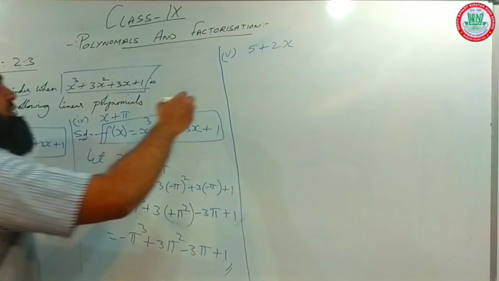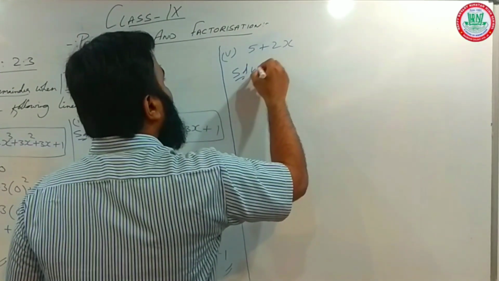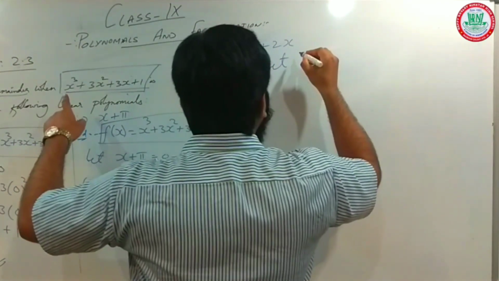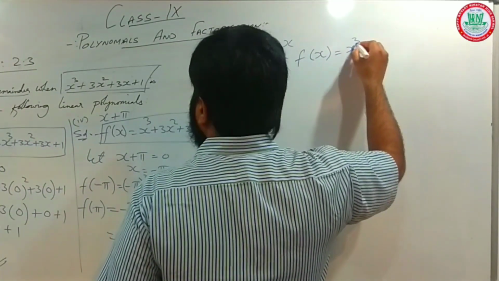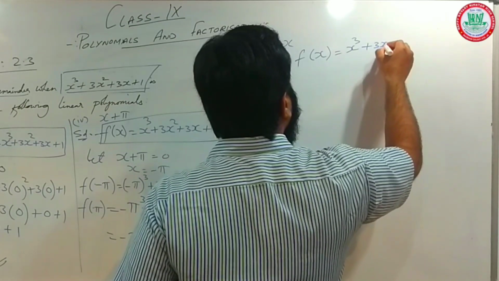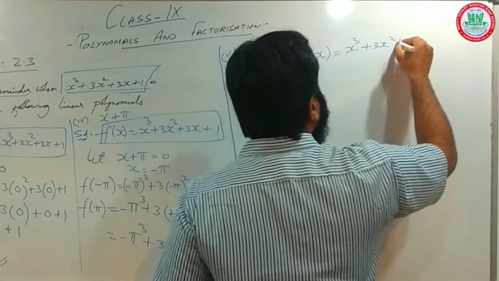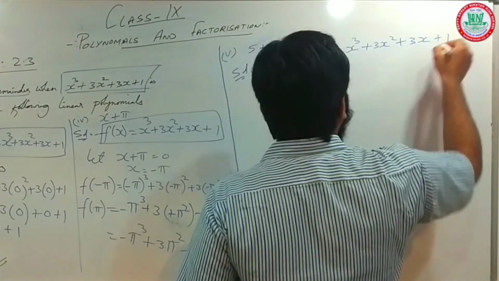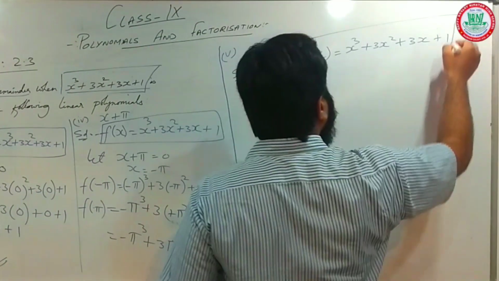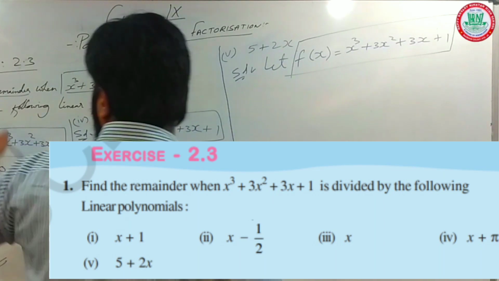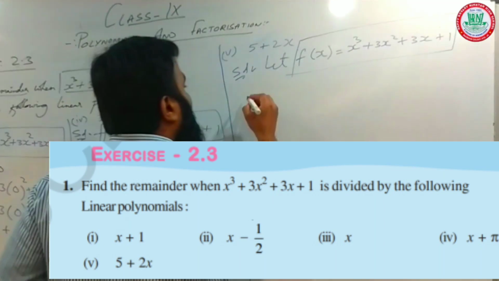Now fifth question, what is given here? Let f of x is equal to x cube plus 3x square plus 3x plus 1. Now this is given in the question. We have to find the remainder. What we need? We are finding the remainder. What is given?